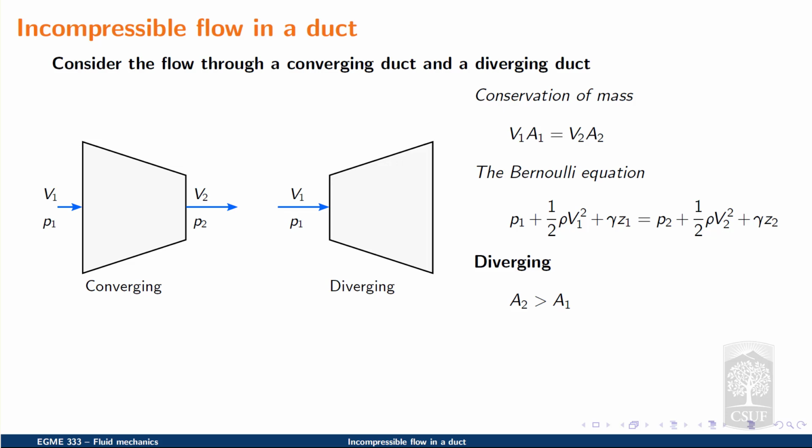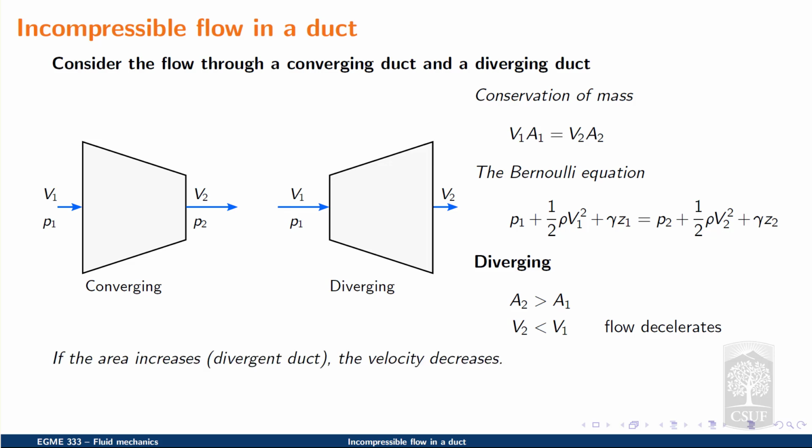Because the cross-sectional area is increasing, because of the conservation of mass, this is going to lead to a decrease in the local velocity, where v sub 2 is going to be less than v sub 1. So in a diverging duct, if the area increases, then the velocity decreases.